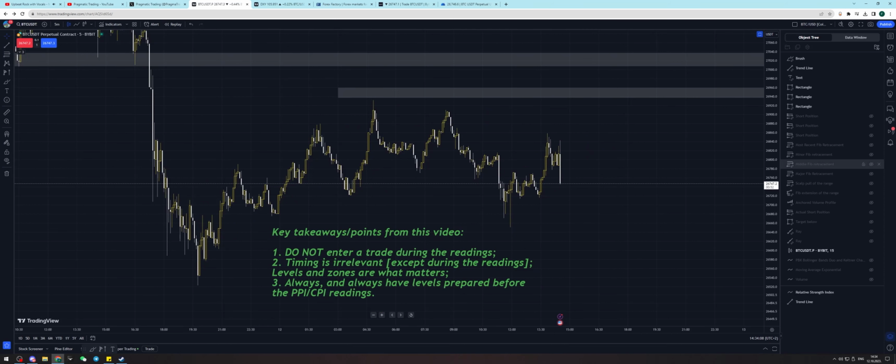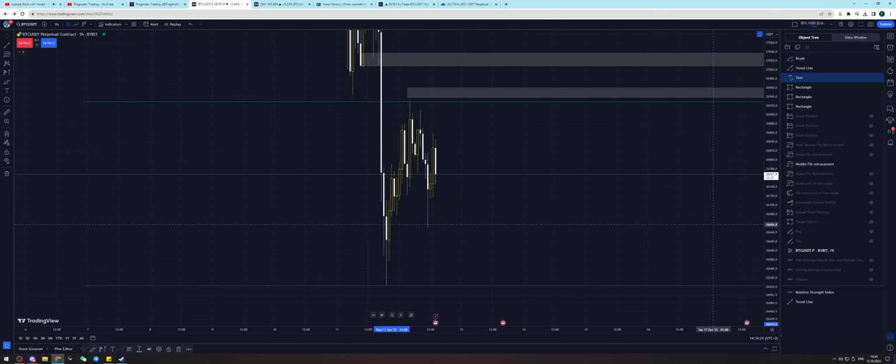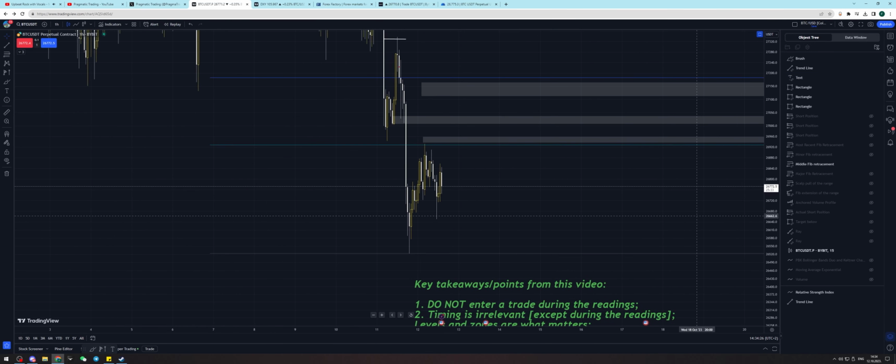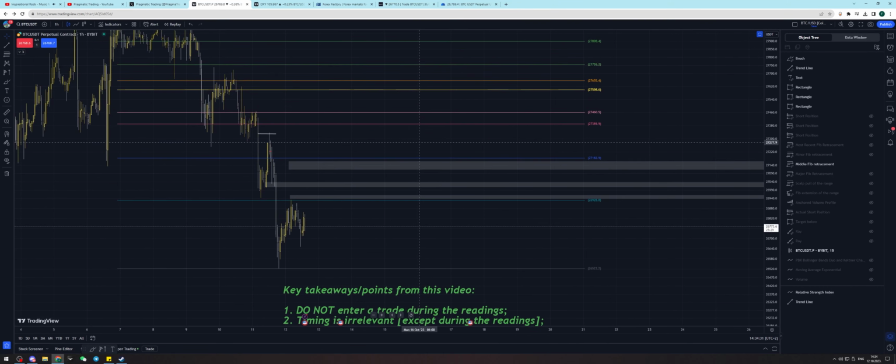Okay? Now let's see if I have maybe missed something. We have this scalp pool, we have major fib retracement, we have the middle fib retracement. There we go. Okay, let's move these key takeaways here. Let's turn on the 1 hour chart. So where did we reject from? This is interesting. This is one of the fib pulls that I had.